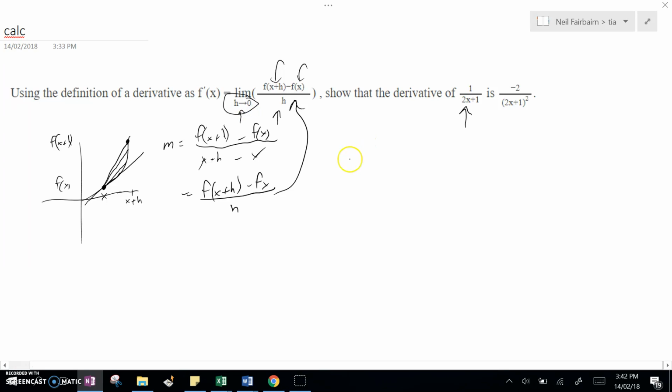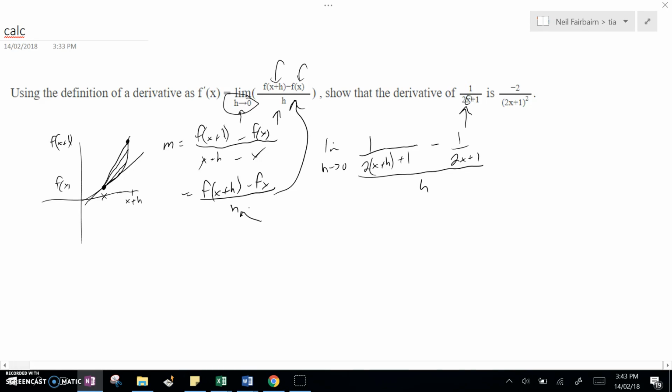Okay, so what we have here is 1 divided by 2 times x plus h, plus 1. So I replace this x with x plus h, minus f of x, so minus 1 over 2x plus 1. And that will be the limit as h approaches 0, and we're going to divide it by h. So that's what our formula said we had to do.